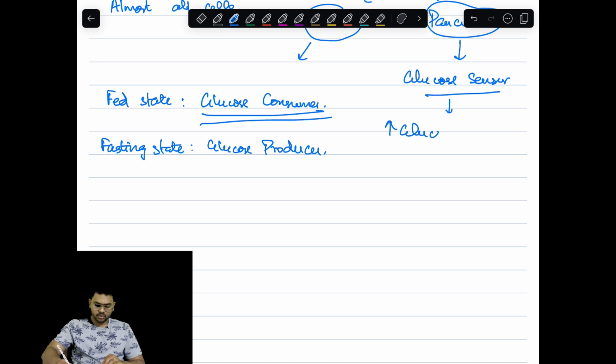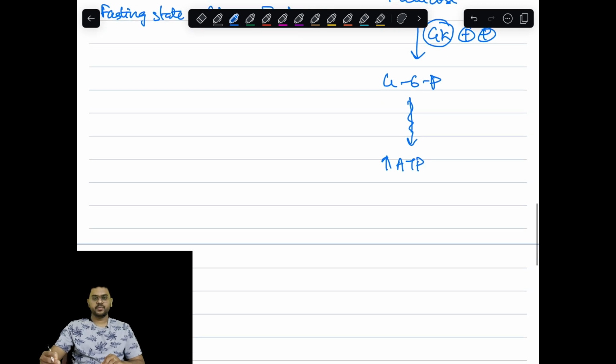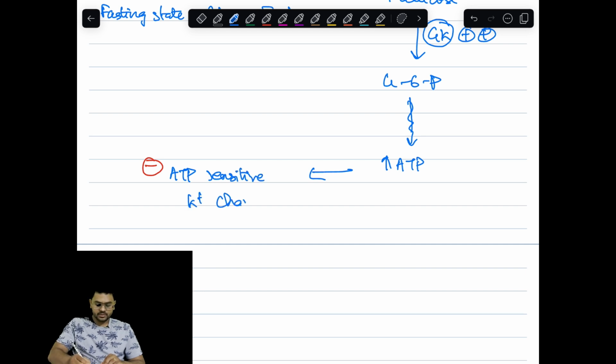So if the blood glucose increases, all glucokinase becomes active, and it converts all of them to glucose 6 phosphate, and eventually it causes increased ATP inside the cell. Now this increased ATP inhibits ATP sensitive potassium channels.